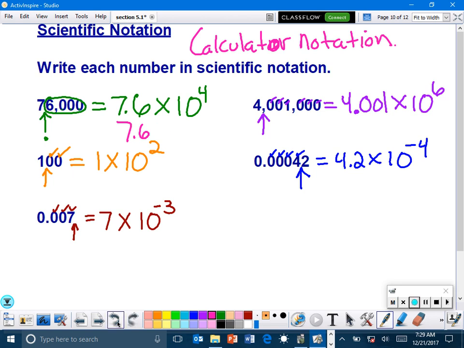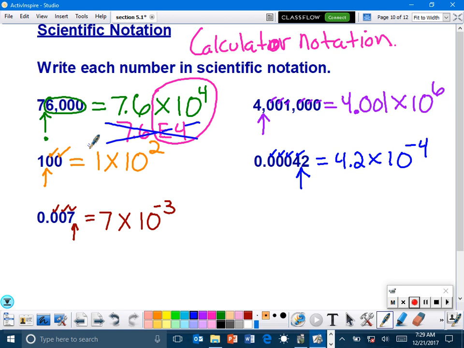I want you to write it appropriately. This E4 represents times 10 to the 4th. Again, I don't want to see it written this way. So realize that E4 means times 10 to the 4th.